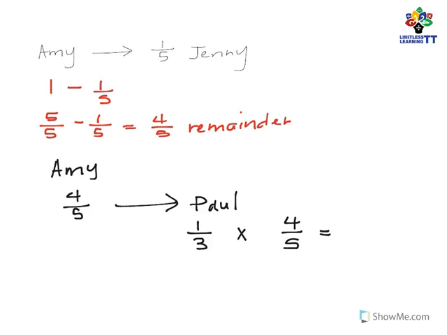Since there is nothing in common between my numerators and my denominators, I just multiply across the numerators, so 1 times 4 is 4, and multiply across the denominators, so 3 times 5 gives me 15. So Paul would get 4/15, which is the question. What is the question asking you? What fraction of the mangoes did Paul get? He got 4/15.